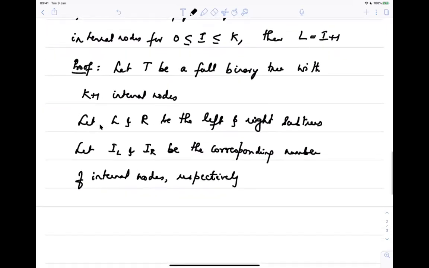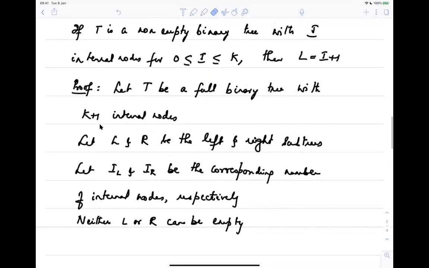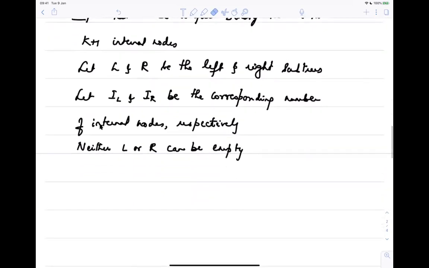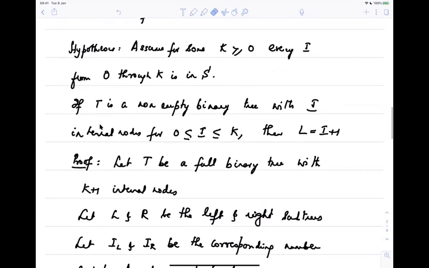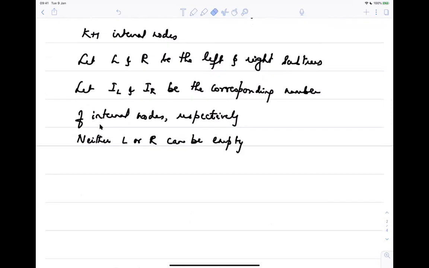Why so? Because we've already taken care of the base case with 0 internal nodes, so we take k greater than 0.